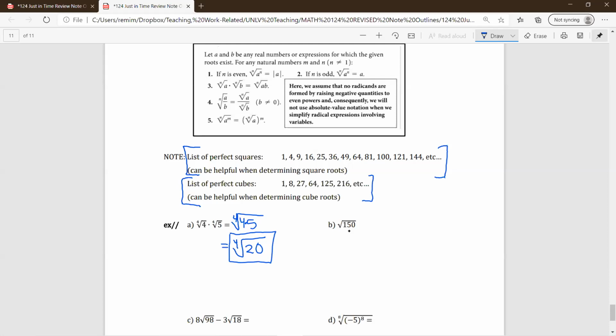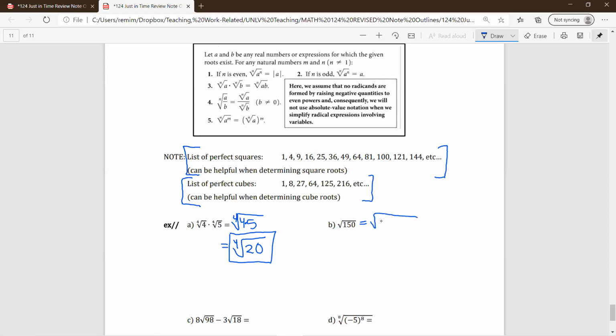Now part B, it's a square root, right? Square root of 150. This one, I'm going to try to break it down by using a perfect square from this list. So look at these perfect squares. Is 150 divisible by any of these perfect squares? Yes, it's divisible by 25.